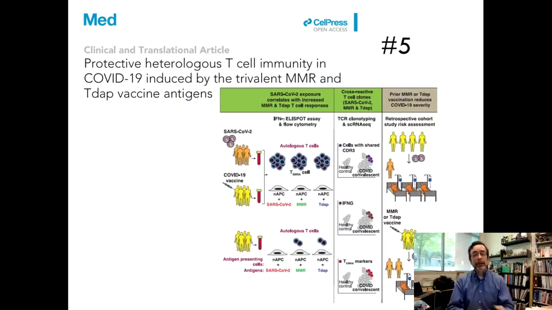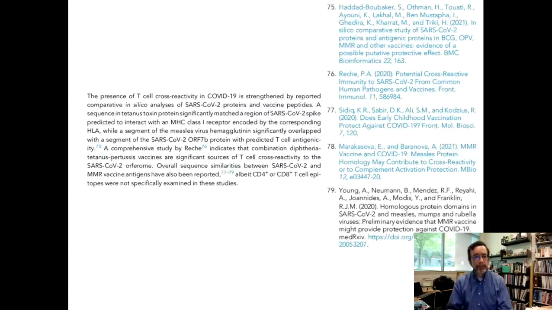And this isn't just at the level of cells. They actually took this out to see if the vaccinations correlated with severity. And they found out, at least in this study, that they did. People who had their MMR Tdap shots were actually protected against, they had less severe COVID when they got COVID.